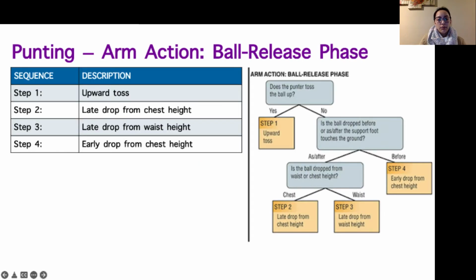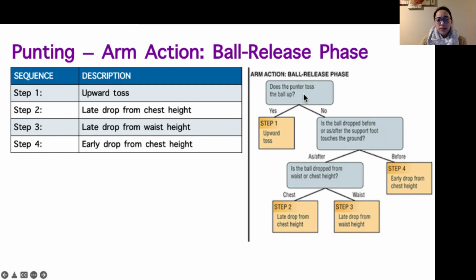So when we look at arm action in the ball release phase, we've got our sequence progressing from step 1 to 4. Over to the right, we also have a figure that outlines the observational plan for determining what level in the sequence a person might be at.